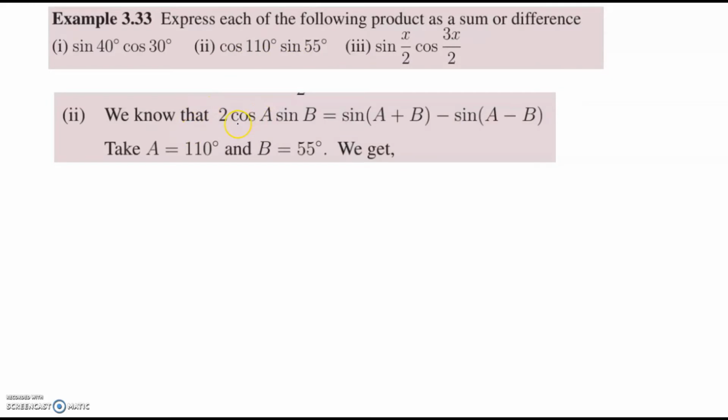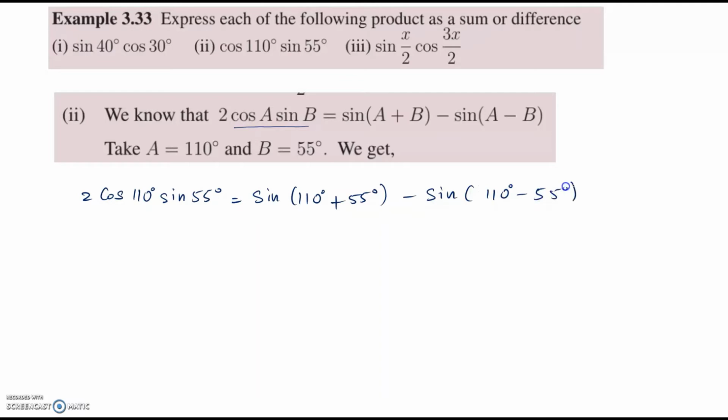So, we know that 2 cos A sine B is equal to sine(A plus B) minus sine(A minus B). So, let's take our A to be 110 and our B to be 55 and let's substitute in this formula. So, 2 times cos 110 degrees sine 55 degrees will be equal to, according to the formula, sine(110 plus 55) minus sine(110 minus 55) degrees.